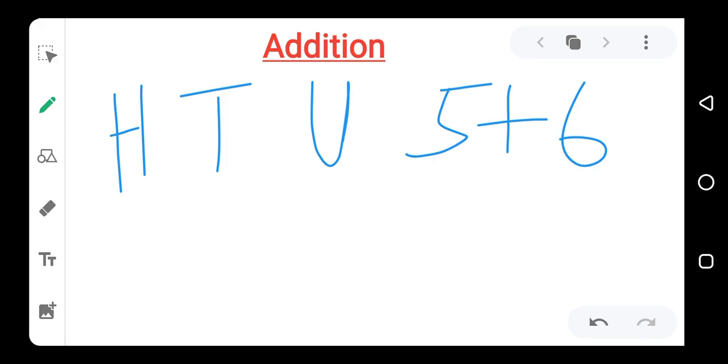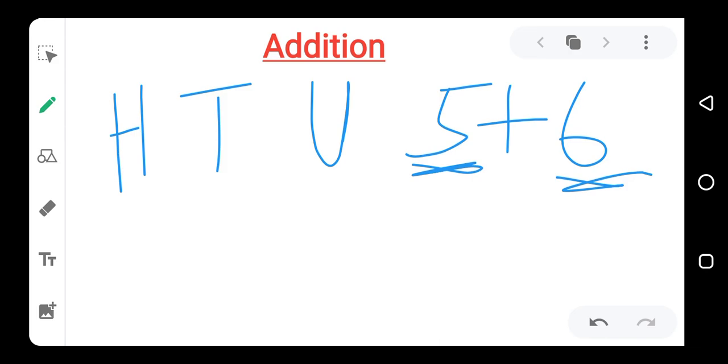Now this is one number, this is another number. We are going to put the two of them in hundreds, tens, and units. We look for where they are going to be in hundreds, tens, and units.